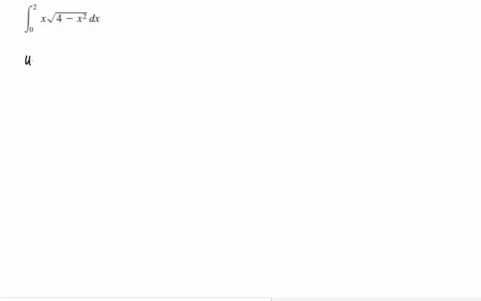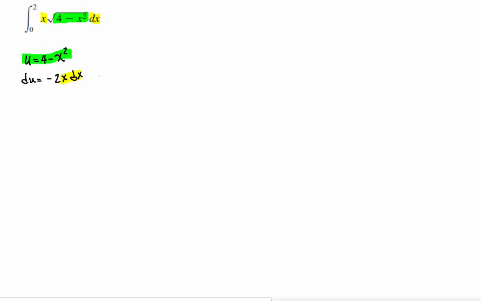So let's let u be 4 minus x squared, and then du is going to be negative 2x dx. Well, you don't let it be, we calculate it. And now we have the x dx that appears here, and we have u inside of the square root.